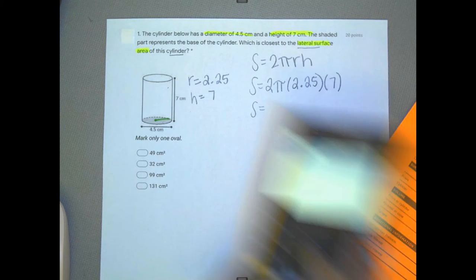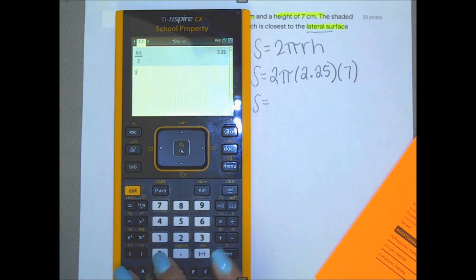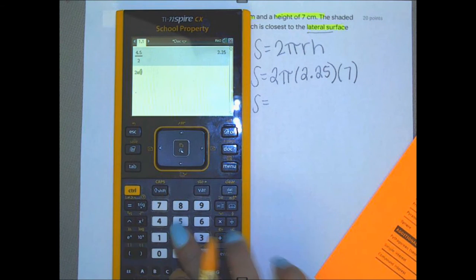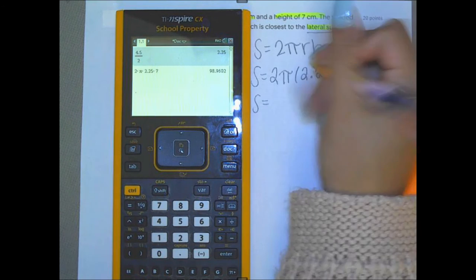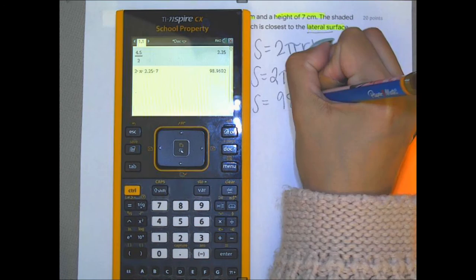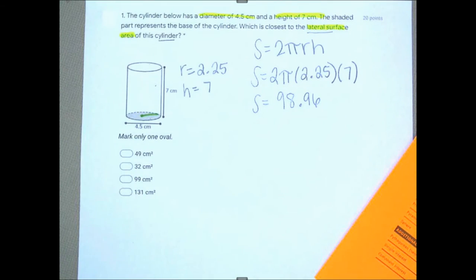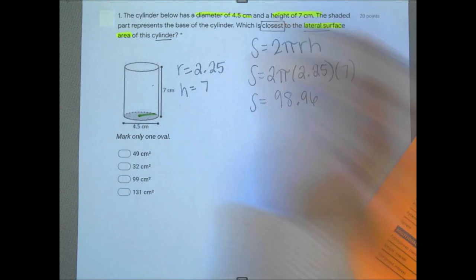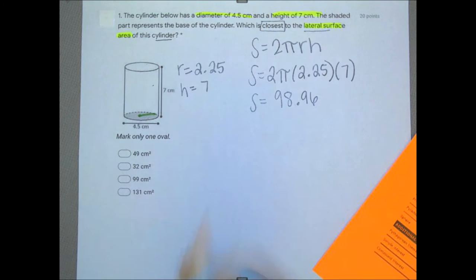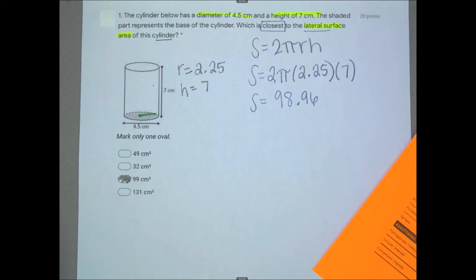And when I go ahead and type that into my calculator, 2 pi times 2.25 times 7, and I click enter, I get 98.96. So if I look at my answer choices here, it does say which is closest. So if I rounded this, I would get 99 centimeters, right?